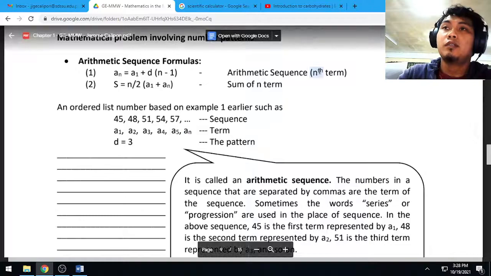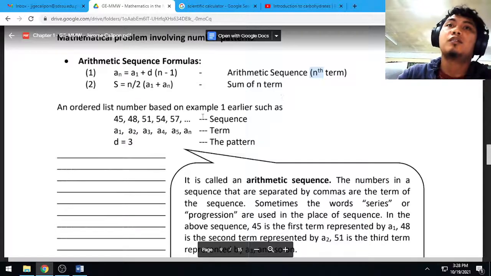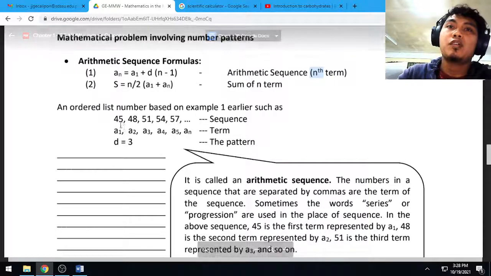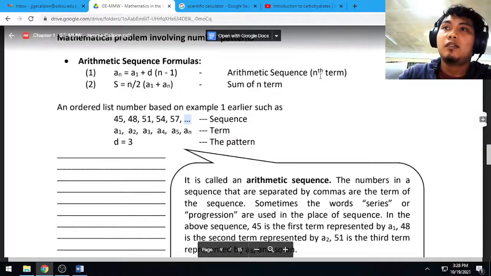Pag sinabi kong any term like 10th, give me the 10th term, yung N dyan is 10. A4 is fourth, A5 is fifth, and then yung dot na yan is representative ng nth term.